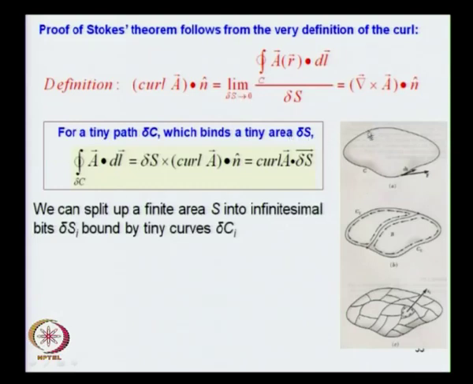And if you have got a piece of area like this, you can just draw a segment in between and then divide this into two pieces. Moreover, you can divide each of these two pieces into a number of tiny bits of elemental areas.